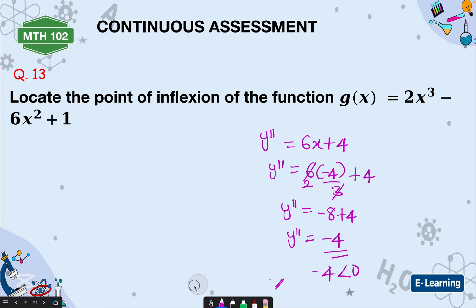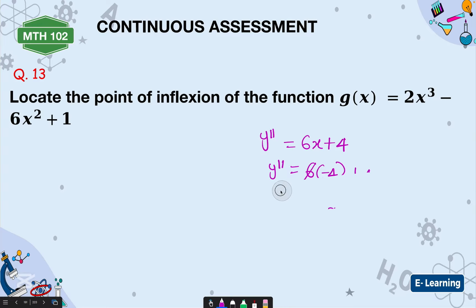The next one says locate the point of inflection on the function. This is the function that was given to you. How do we calculate the point of inflection? Now, the point of inflection occurs when the second derivative changes sign. All right? That point where the second derivative changes sign is the point of inflection.